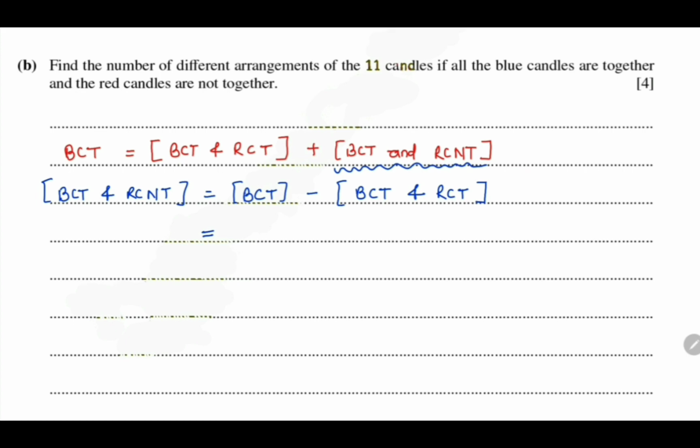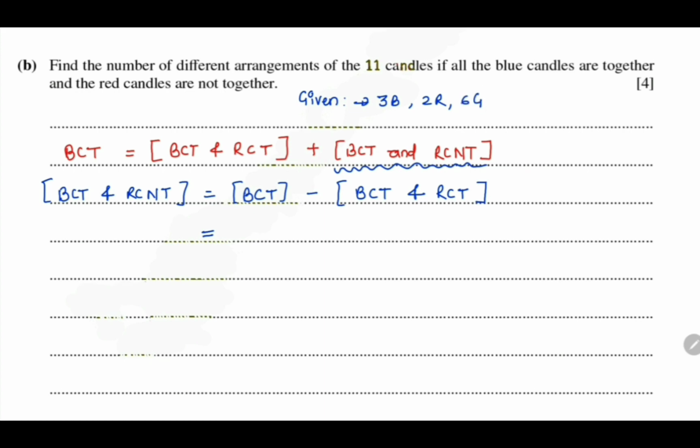Let me first write the given data. It is given that there are 3 blue candles, 2 red candles and 6 green candles.